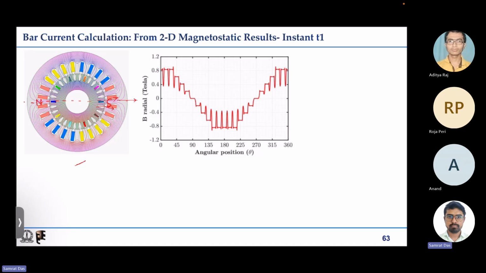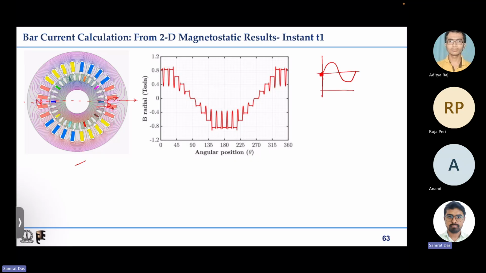Now from magnetostatic simulation, what can we do? We can inject different currents. We know that current in a particular phase varies sinusoidally. So at, say, instant 1, we know what the R phase current is.